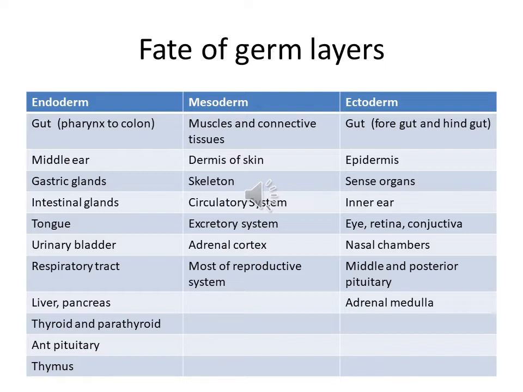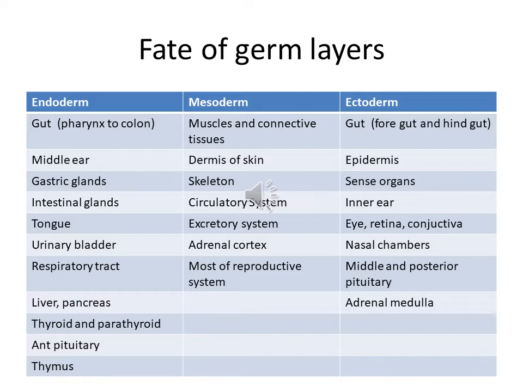Then let's see now which are mesodermal in origin. Muscles and connective tissues. So all connective tissues and muscles are mesodermal in origin. Dermis of skin. Skin has two layers, epidermis and dermis. Epidermis is ectodermal, whereas dermis is mesodermal. Now skeleton. Skeleton includes all your bones, your cartilages, tendons.